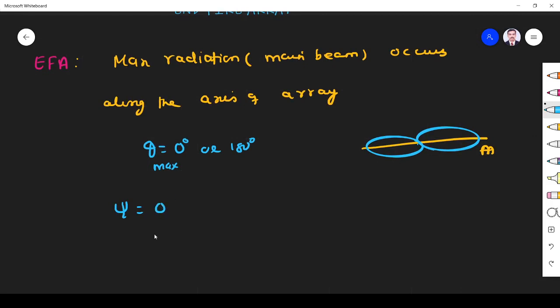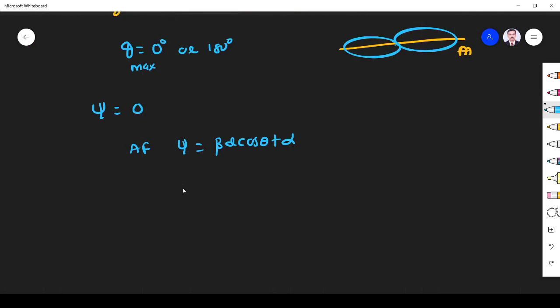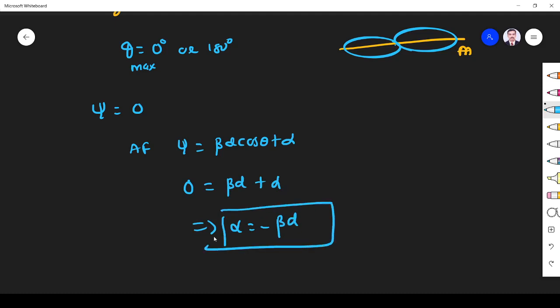Fine. This indicates array factor is given by psi is equal to beta d cos theta plus alpha. For maximum radiation, psi is 0. For End-fire array, theta is equal to 0. Theta 0 means it is beta d cos 0, which is 1, plus alpha. This indicates alpha is equal to minus beta d. Right?